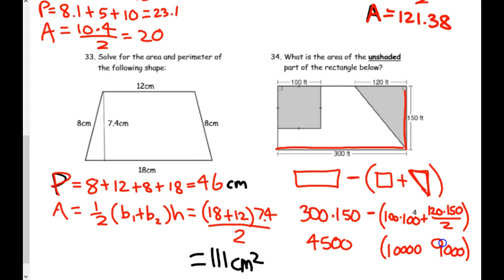So we're going to add those up over here. Sorry, that should be 10,000. 45,000 minus, and what's 10,000 plus 9,000? 19,000. And that gives us 26,000 feet squared.